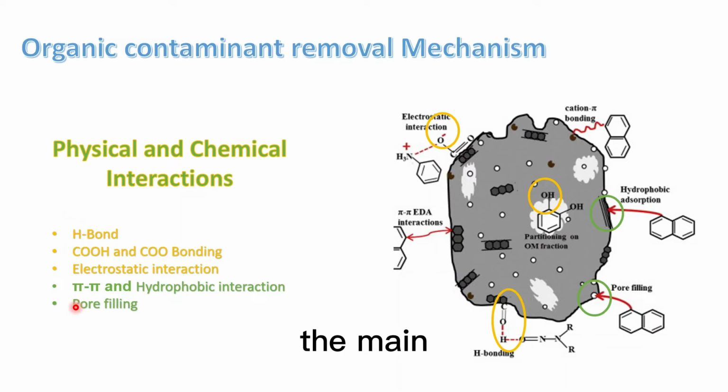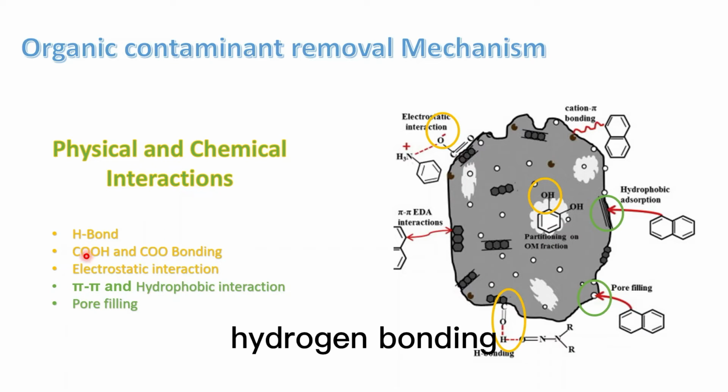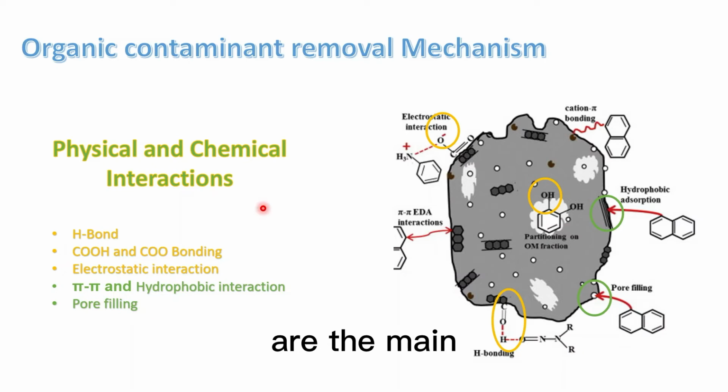So these are the main interactions: hydrogen bonding, carboxylic and carboxylate interactions, electrostatic interaction, pi and hydrogen interaction, and pore filling behaviors are the main removal mechanisms for the removal of organic contaminants using biochar.